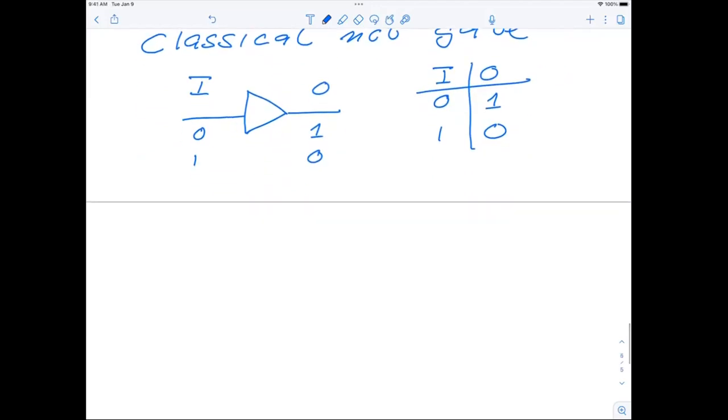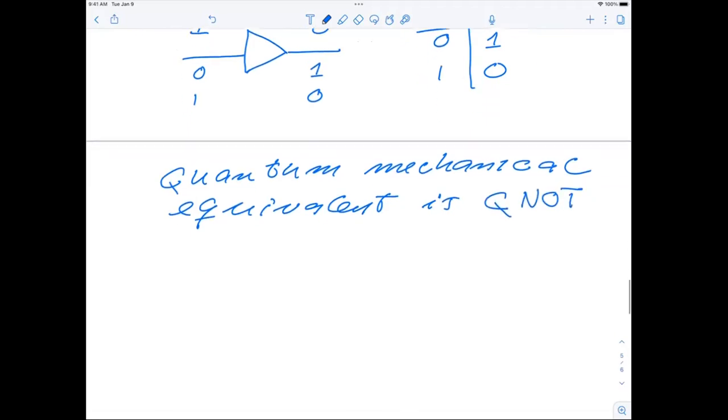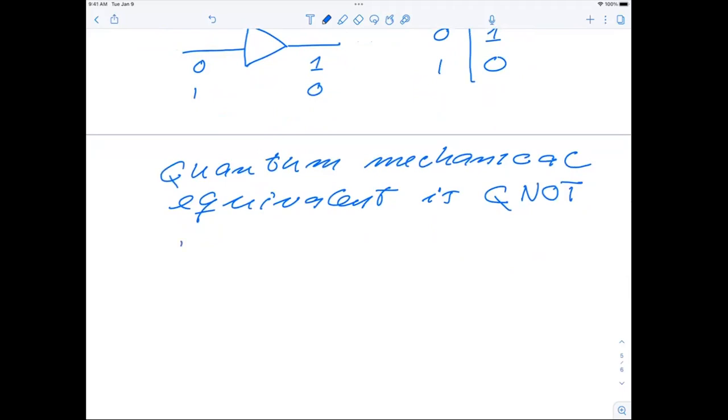The quantum mechanical equivalent of that is the quantum mechanical NOT gate, which I just write as Q naught or just NOT. That's represented by the Pauli matrix sigma x acting on a specific state. So that is a bit flip operation, which can be represented by the Pauli matrices.